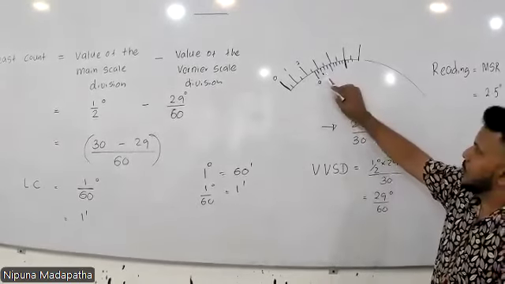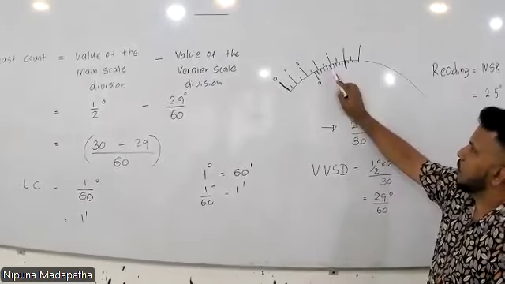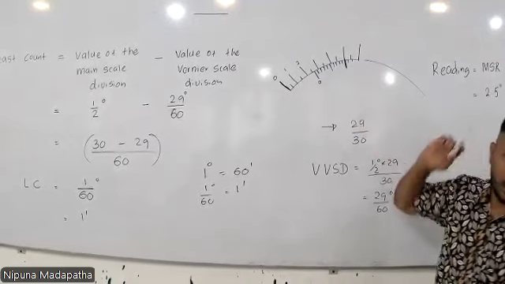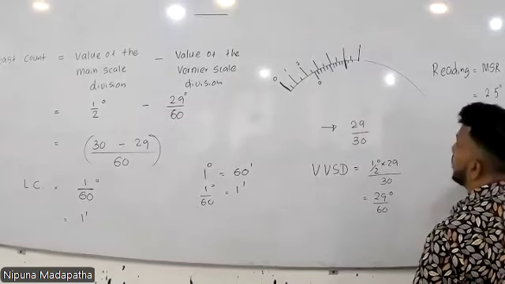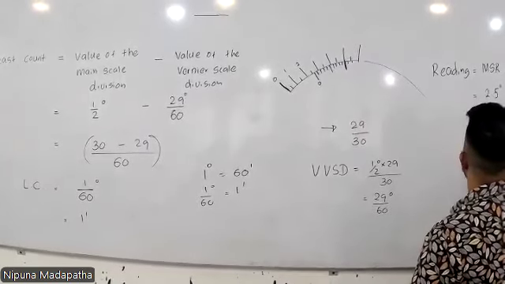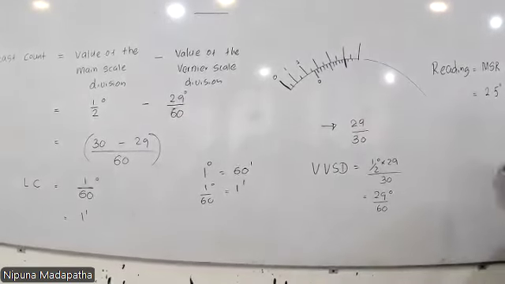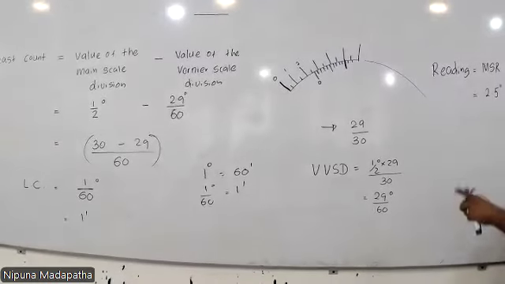So 1, 2, 3, 4, 5, 6, 7, 8, 9, 10. Let's say the tenth one. The vernier division is 10. So what is the least count of the vernier?